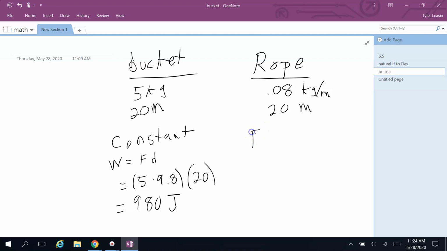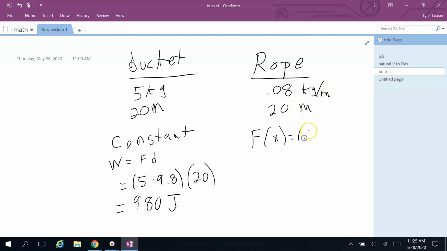Before we find the work, we have to find the force of the rope as a variable function. We're going to let x here be the amount of rope that we have pulled in so far. If that's the case, to find the force, it's going to be the weight of the rope, which is 0.08 times 9.8 per meter, times the amount of meters that are left over.